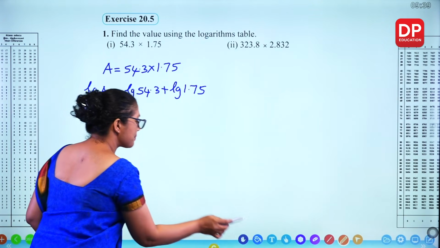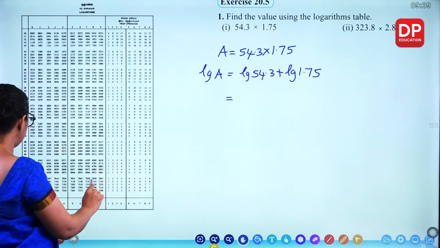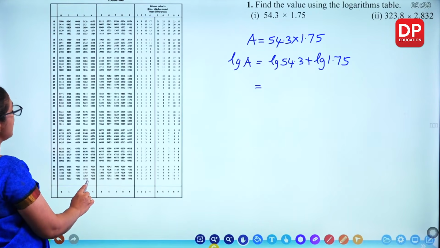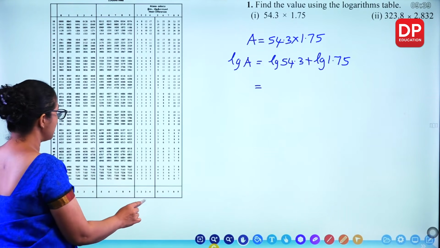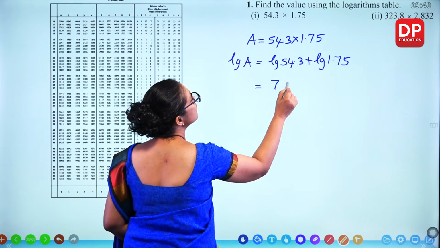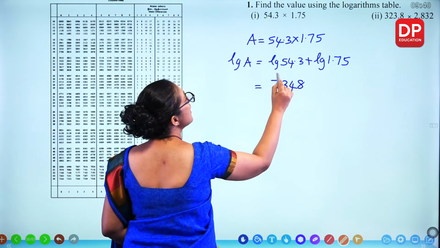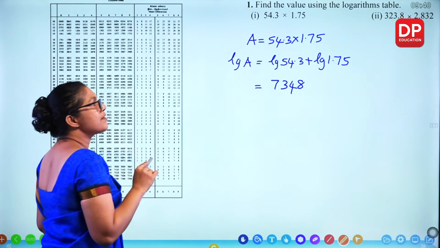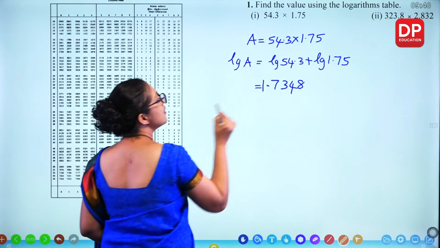54.3. First table. 54.3 is 73.48, and that's a mantissa. What's the characteristic? 1.